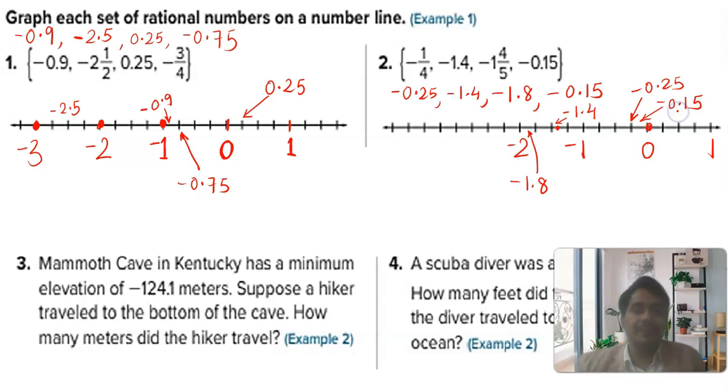Yes, so that's how it is. We have arranged the numbers on a number line from the smallest to the largest.